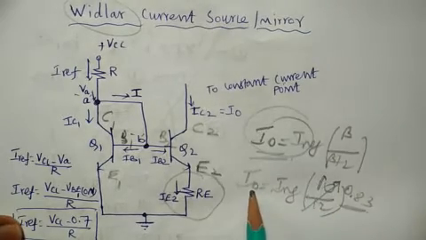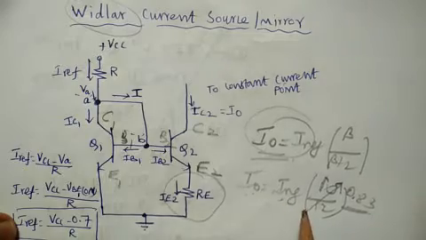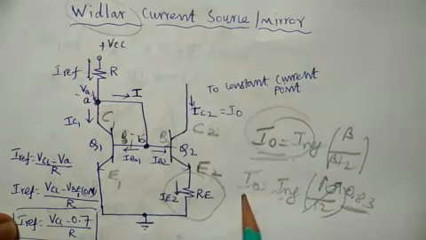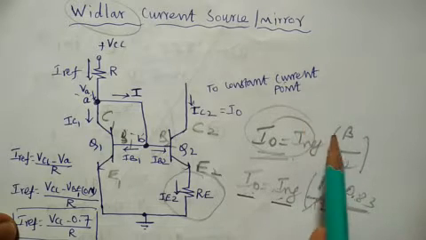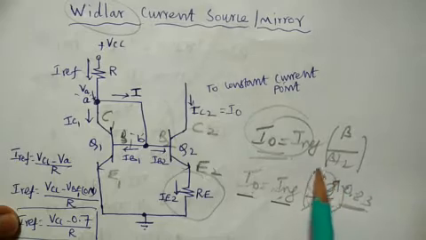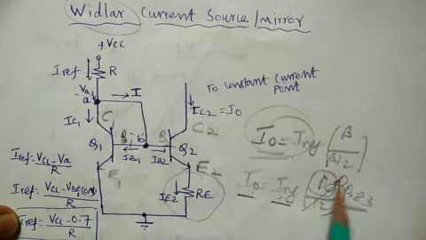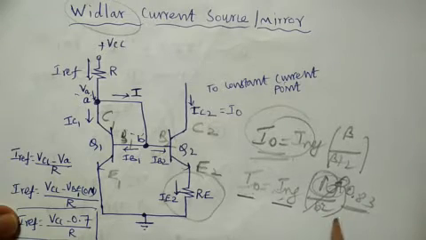So I out is 0.83 times I reference. According to the current mirror logic, I out must be equal to I reference. So what you are supposed to do in this simple current mirror is consider beta as a higher value, for example 100. If we choose beta as 100, it will be 100 by 102, approximately 1.